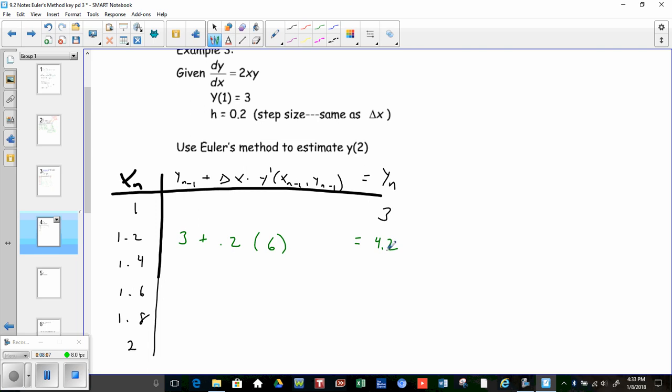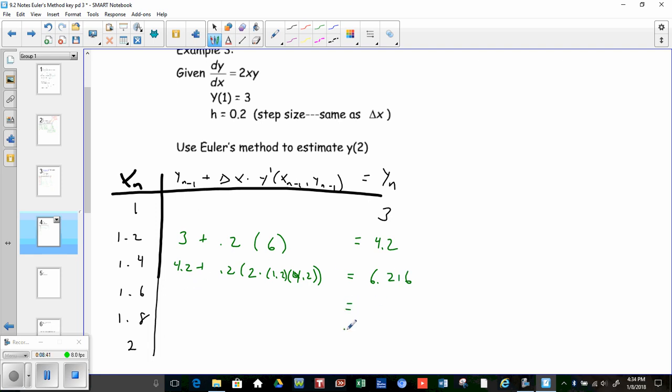All right, so 4.2 gets plugged in here, plus the step size, times, in this case, 2 times the previous x and y, 2 times 1.2 times 4.2. That's the previous x and y. And when you plug all that stuff in, you end up with 6.216. Bring that one down, start the process over again.